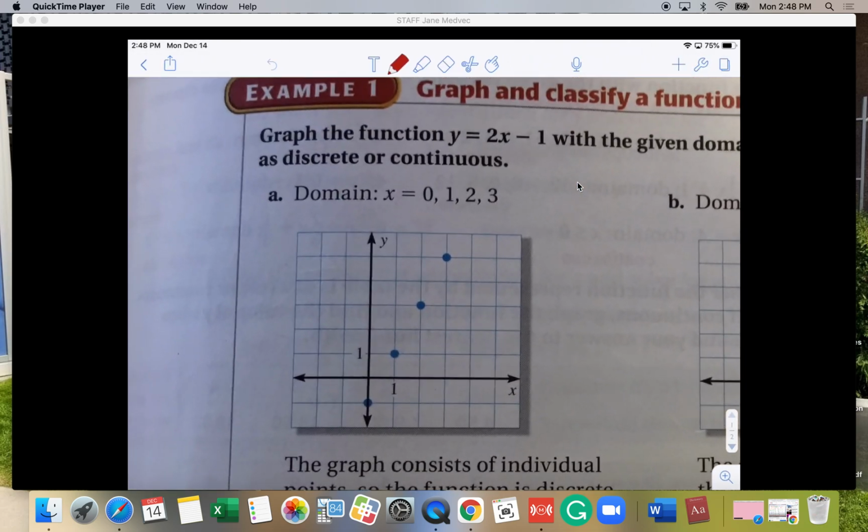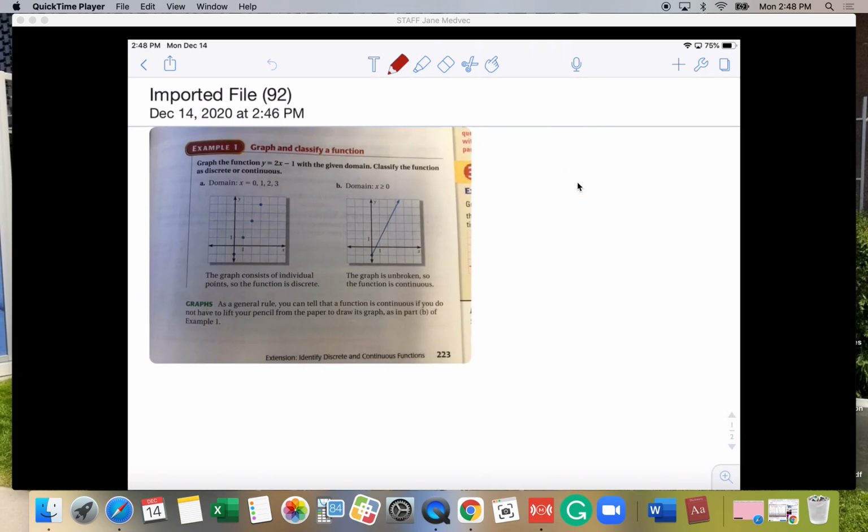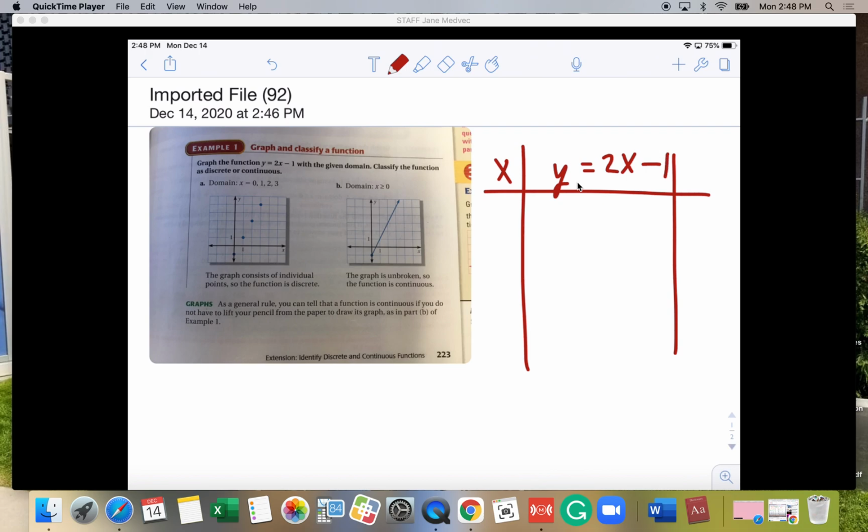Here's an example of a situation where they took y equals 2x minus 1 and they made a table. So this is kind of what it looked like. You've got your x, you've got y equals 2x minus 1, you've got a y.